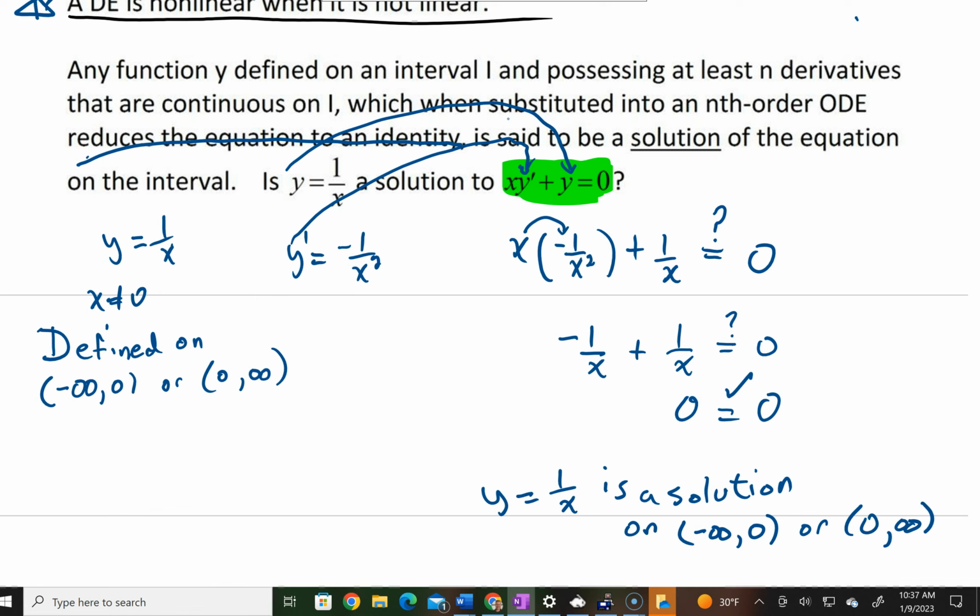If you had an initial condition, a beginning x and a beginning y, it would only be one of those two intervals. You wouldn't choose both. Okay, and we'll talk more about that next time. Is this making sense so far? What are we doing? We're just validating that this really is a solution.